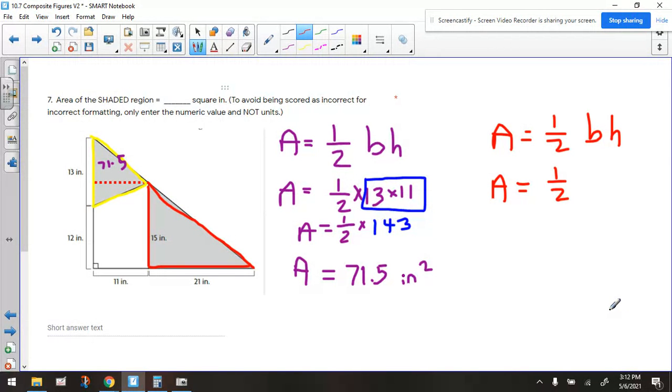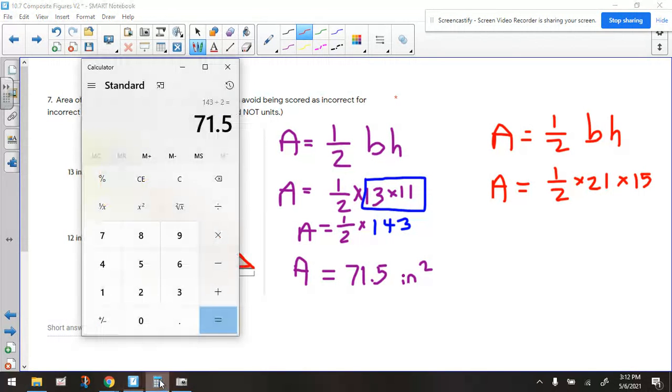That means they form a 90-degree angle. And this is a 90-degree angle right here. I'll put a little perpendicular symbol to show you. That's a right angle. So that means we can use this and this. This can be used as the base, and this will be the height. 21 is the base, and 15 is the height.